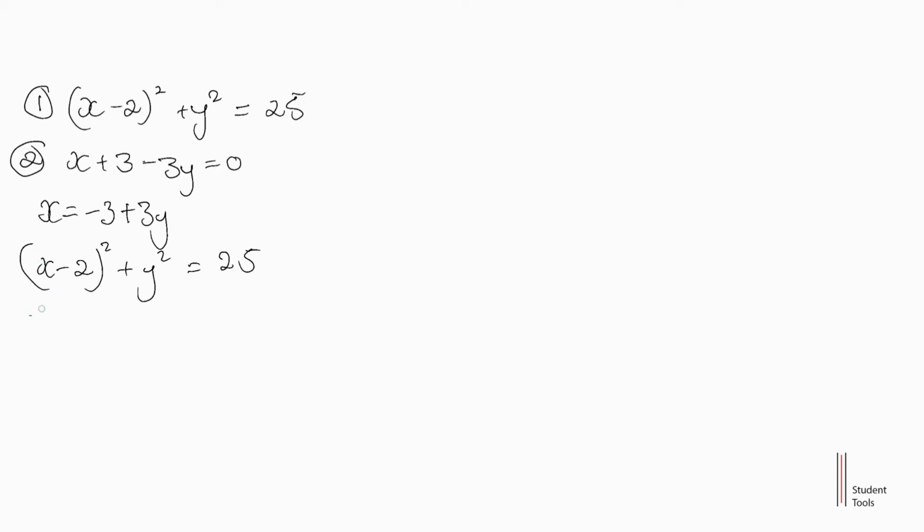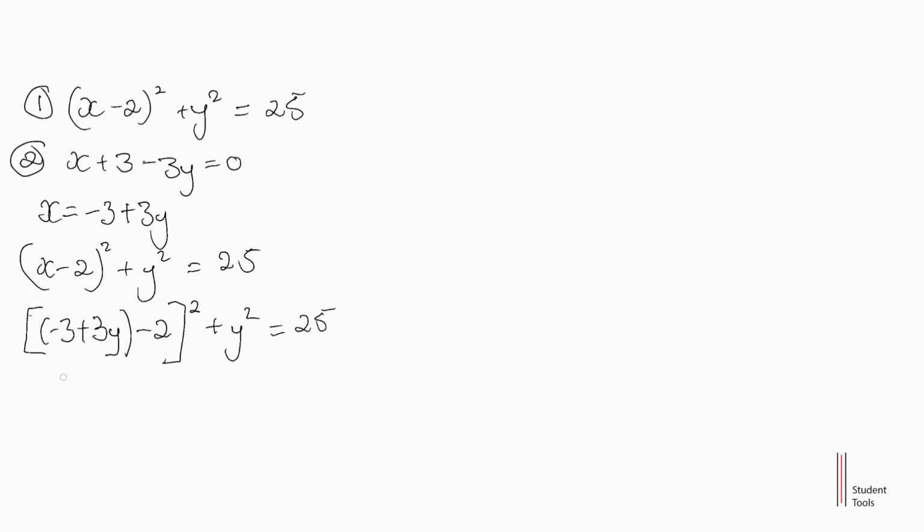We'll use bigger brackets. For x, we will have (−3 + 3y), and then we have minus 2. We close our bracket because the bracket is squared, plus y² equal to 25.